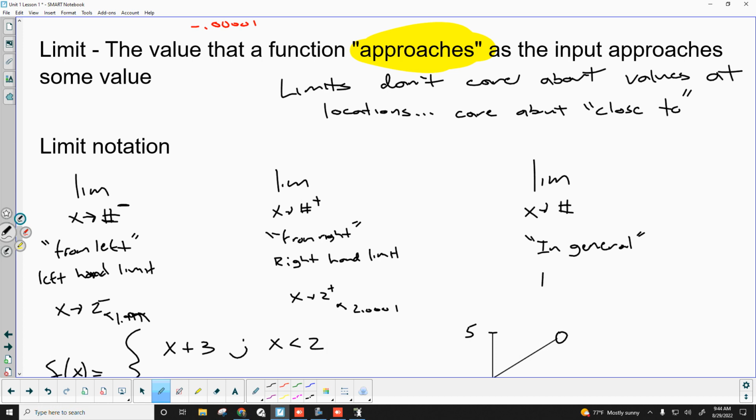You must check that the left-hand limit equals the right-hand limit. If the left-hand limit equals 5 and the right-hand limit equals 5, you will say the limit in general equals 5.